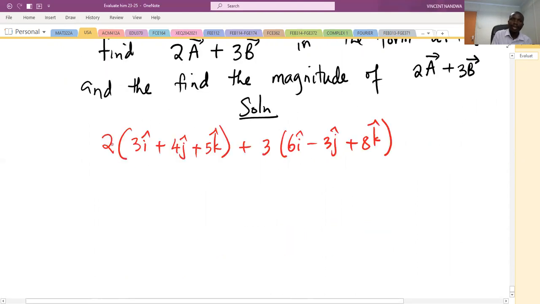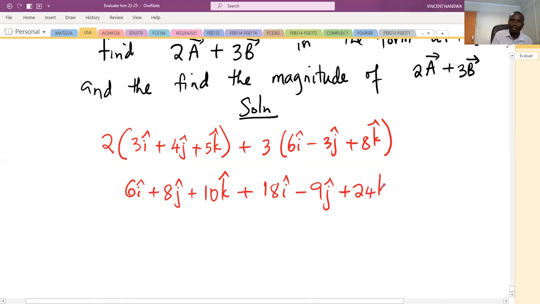These numbers multiply every component of i, j, and k. So we'll have 6i plus 8j plus 10k plus 18i minus 3j plus 24k.